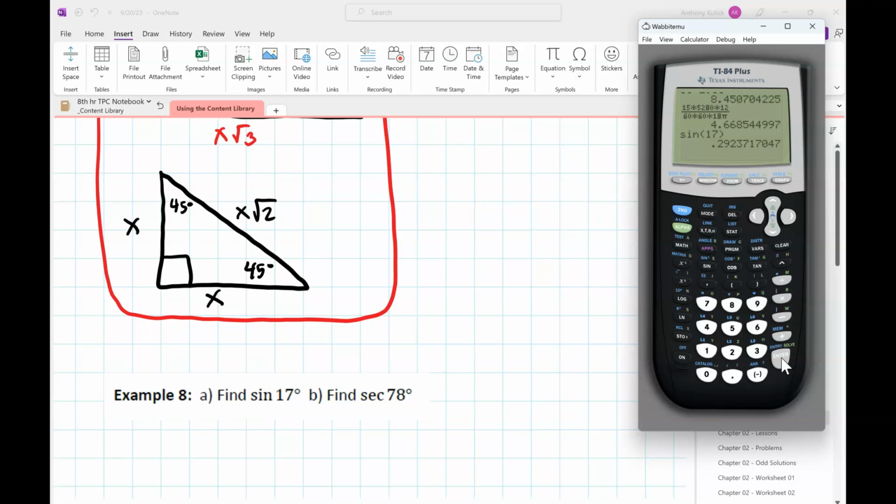But how do I do secant 78? I don't see a secant button anywhere here. Well, remember, secant is the reciprocal of which trig function? Cosine is right. So what I'm going to do, instead of doing secant 78, I'm going to do 1 over cosine 78. And that'll be the value for secant of 78, because secant and cosine are reciprocals.